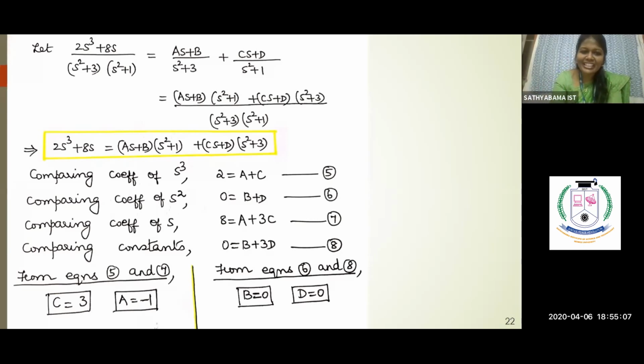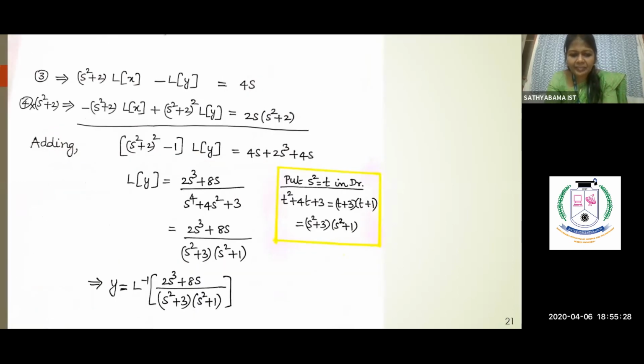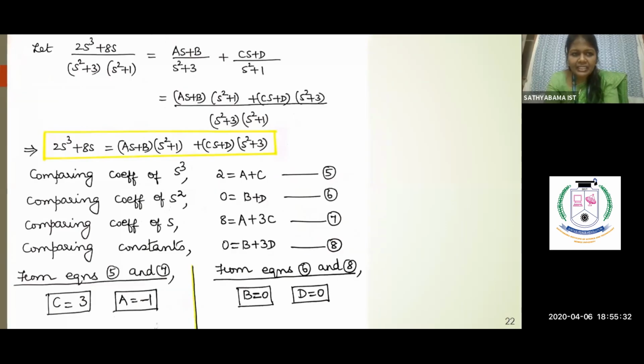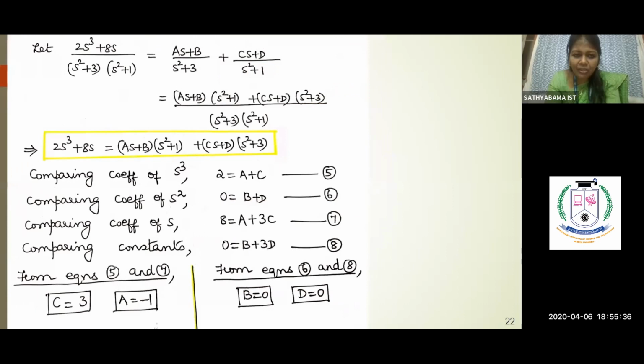That is all. So substitute a, b, c, d in the first line. The very first step. Substitute for a, b, c, d. Remember, b and d are 0. So what is this expression equal to? It is equal to minus 1 by s square plus 3 plus 3 by s square plus 1. Isn't it? So that's exactly what I've done. Substitute a, b, c, d here. What is y? Y is L inverse of this expression. So y is L inverse of, what is this expression now?